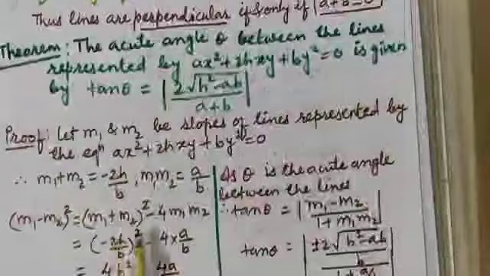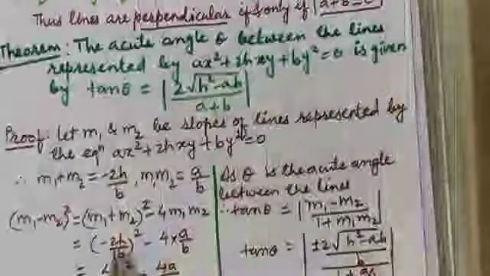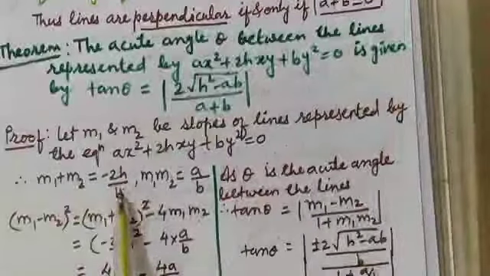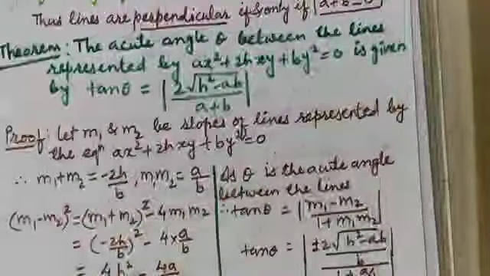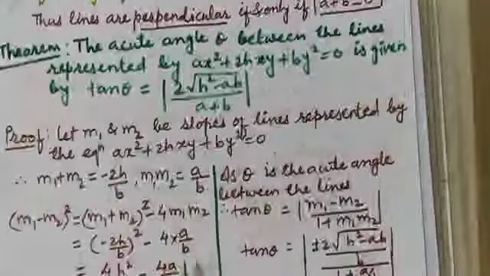Put the value of the sum of the slopes, that is minus 2h by b, and minus 4 into the product of the slopes a by b, that is 4a by b.